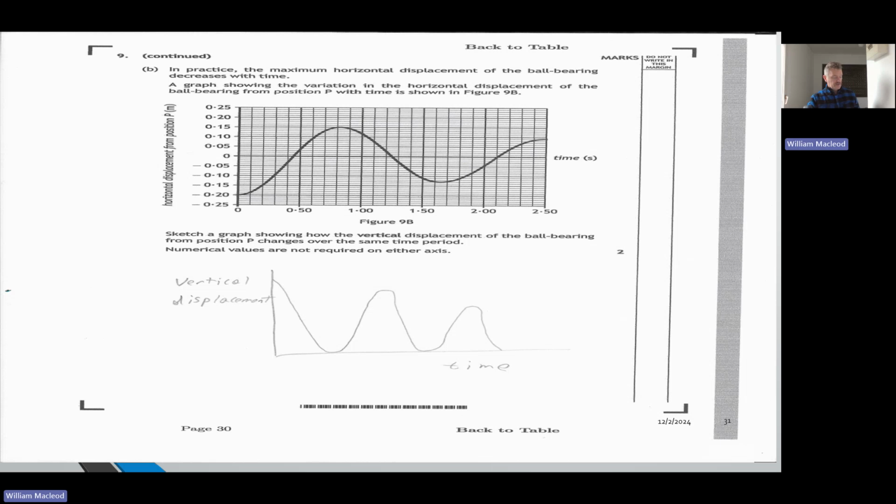Sketch a graph showing how the vertical displacement of the ball bearing from position P changes over the same time period. Numerical values are not required. So what you've got there is the amplitude decreasing as well, wouldn't you? In a similar fashion. So finally, the amplitude is getting less and less.